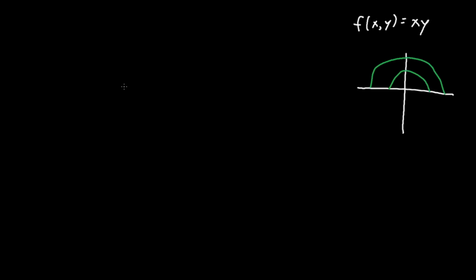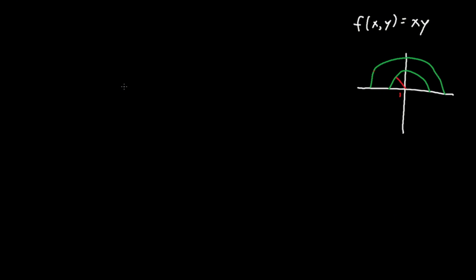Now, for this problem, I'm going to give you the function, and I'm going to draw out the region for you and give you the necessary information, and you're going to set up the integral yourself. So our function is just x times y, and our bounds will be along this semicircle and this semicircle, and the radius for this is 1.